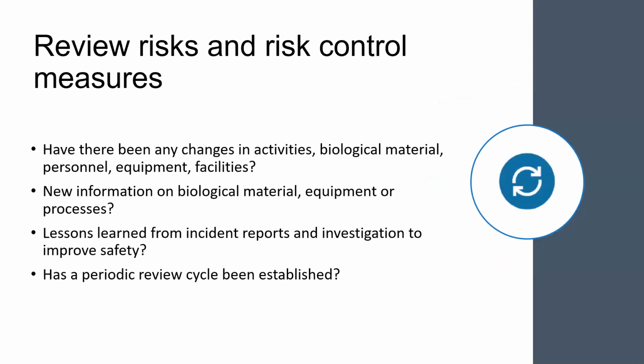And so for reviewing risks, I'm going to go through this fast because we've already mentioned it, but it's extremely important to the process, whether there's been any changes, and also to have a periodic review for your risk assessments, whether it's once every year, once every 6 months, whatever your lab decides is appropriate based on maybe that test or that procedure.